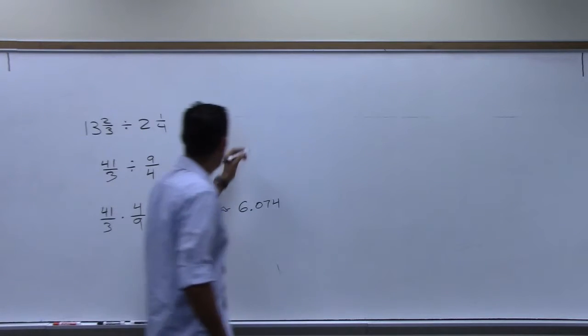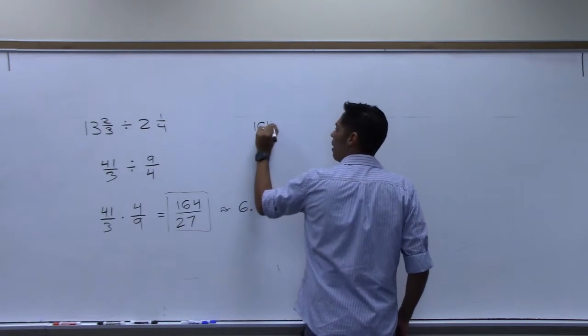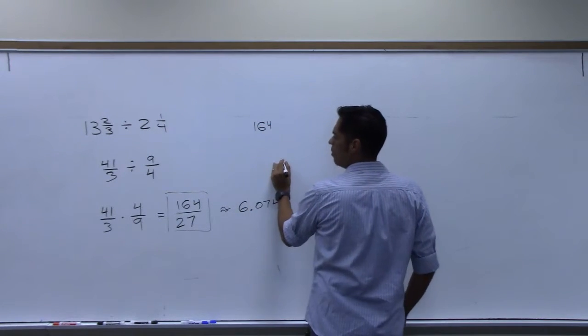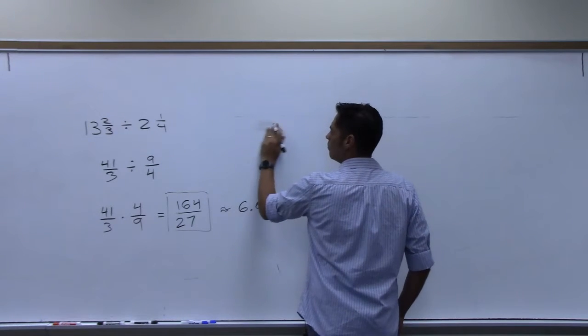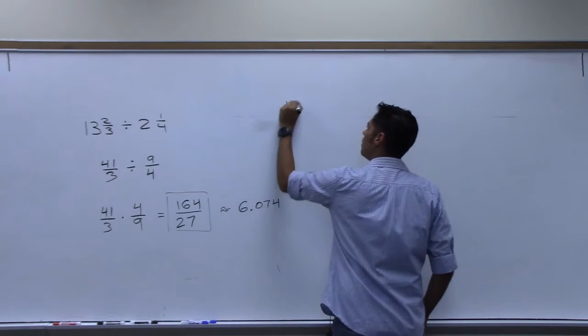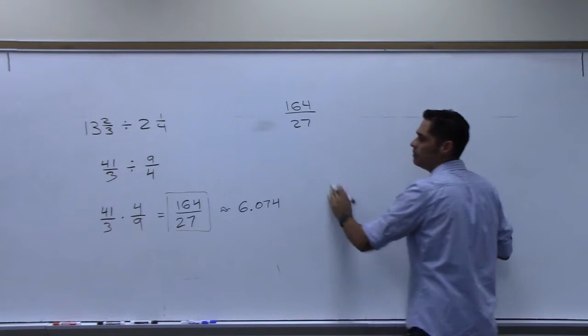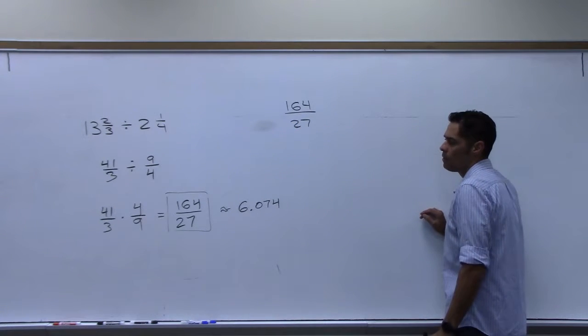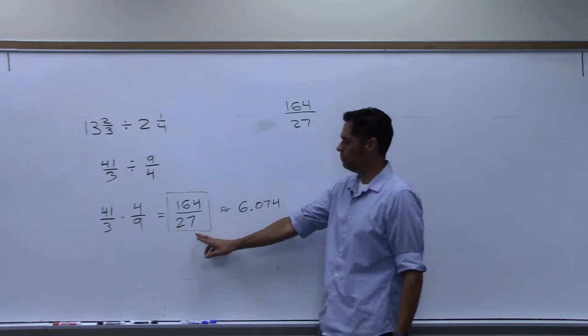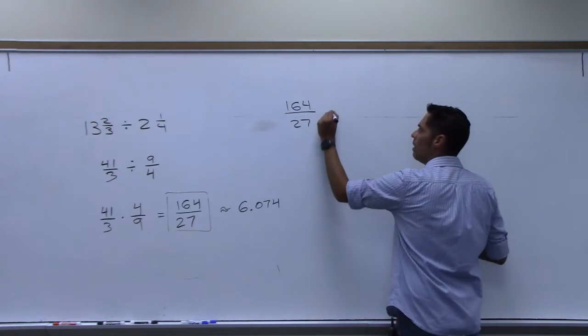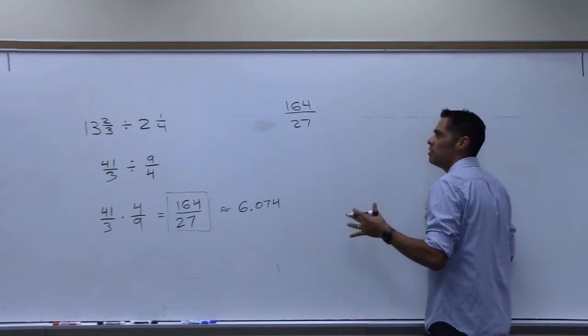Well, to do that, we need to take, what was it? Yeah, 164 over 27. This is how many cupcakes we made. And see, there are different ways you could go about this.